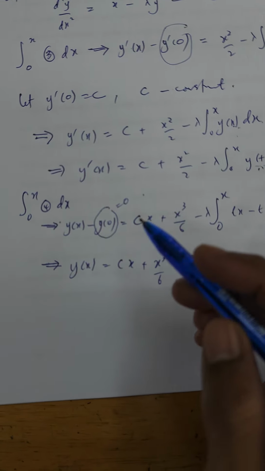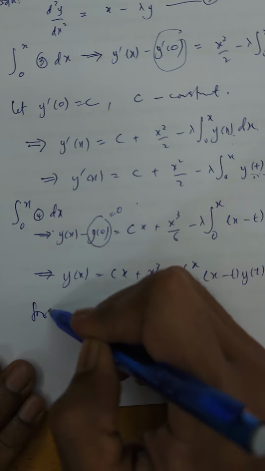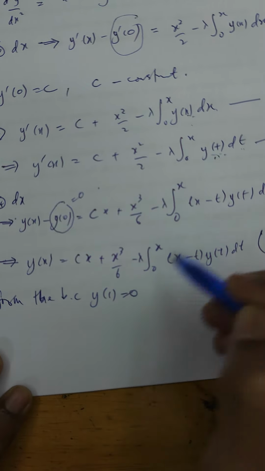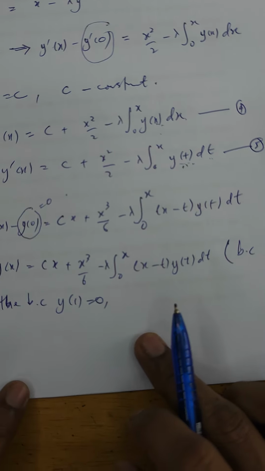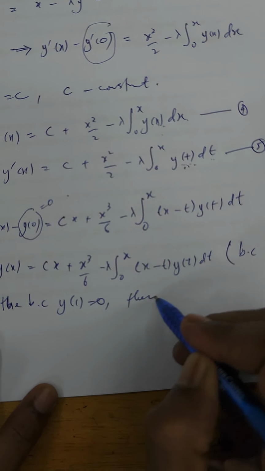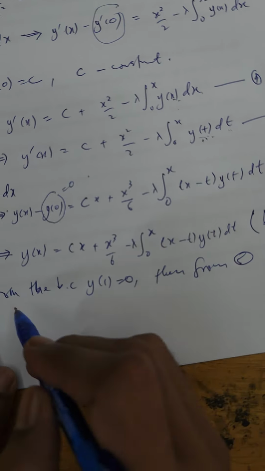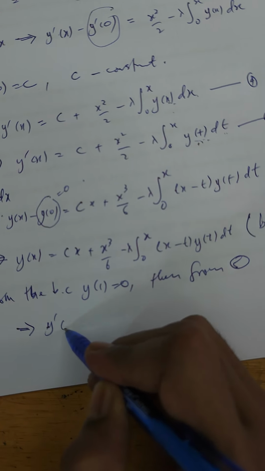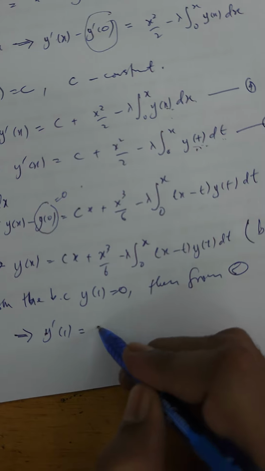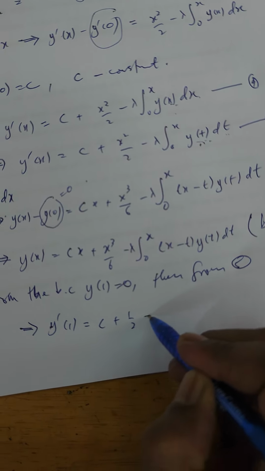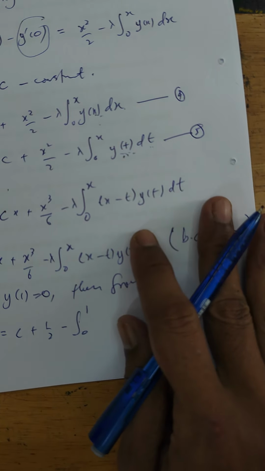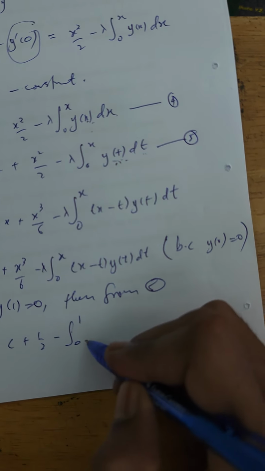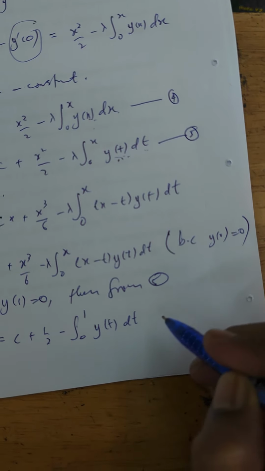From the boundary condition y(1) equal to 0, from 5 we have y prime 1 equal to c plus 1 over 2 minus lambda integral from 0 to 1 of y(t) dt.